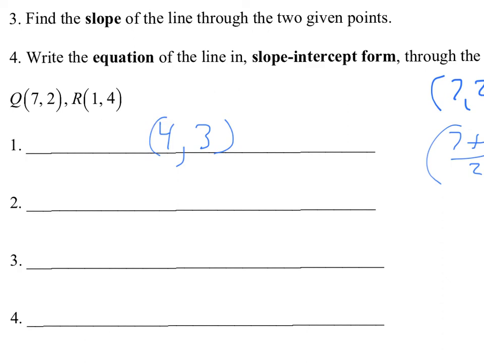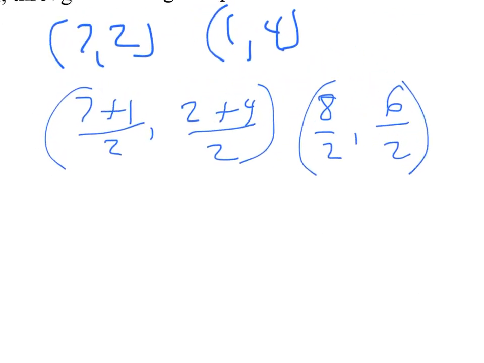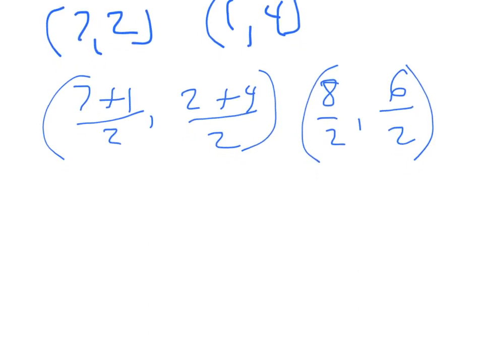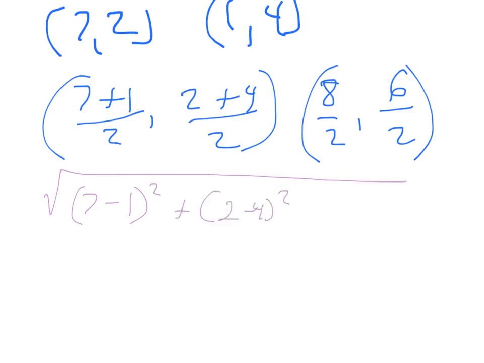Now we're going to find the distance of these 2 points. So, we're still using those same points, 7, 2, and 1, 4. We're going to say 7 minus 1 squared plus 2 minus 4 squared. 7 minus 1 is 6 squared. 2 minus 4 is negative 2 squared. 6 squared is 36, plus negative 2 squared is 4.